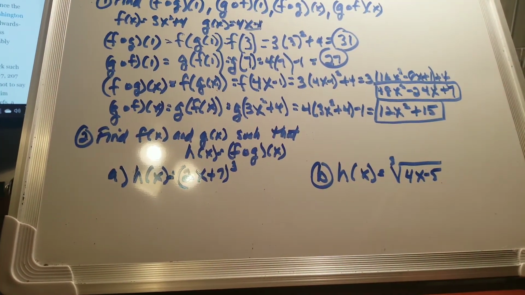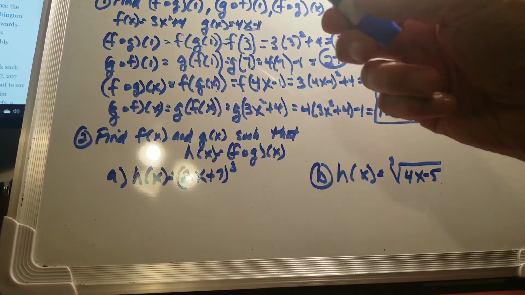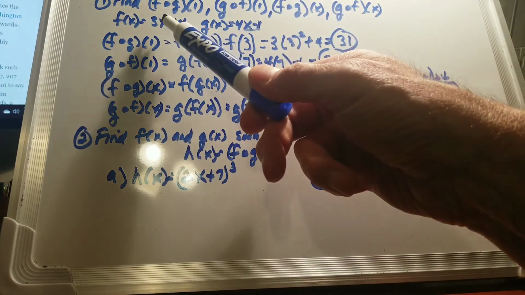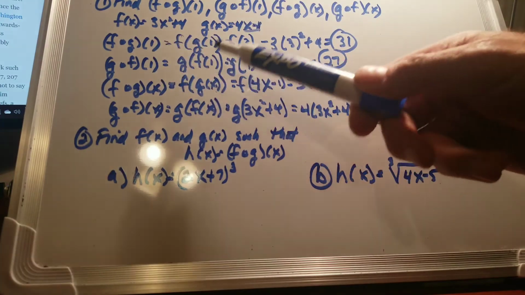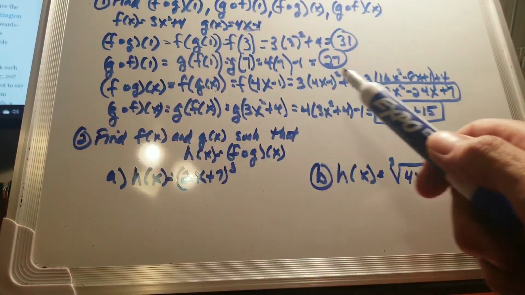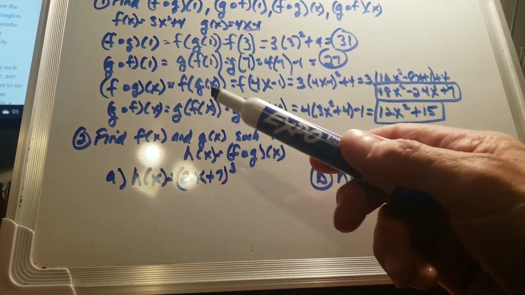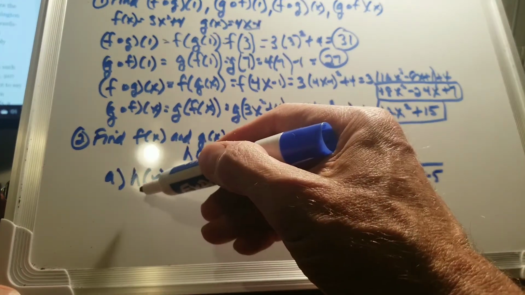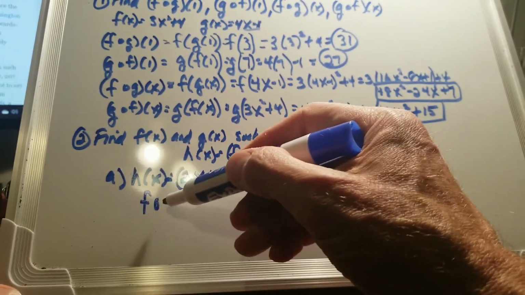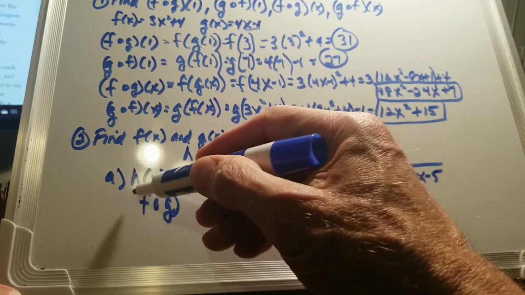Okay, moving down. Now, I gave you the functions up here, and asked you to perform some math. Now I'm giving you the final answer, and I want you to give me the two original functions. That would be f of g of x.